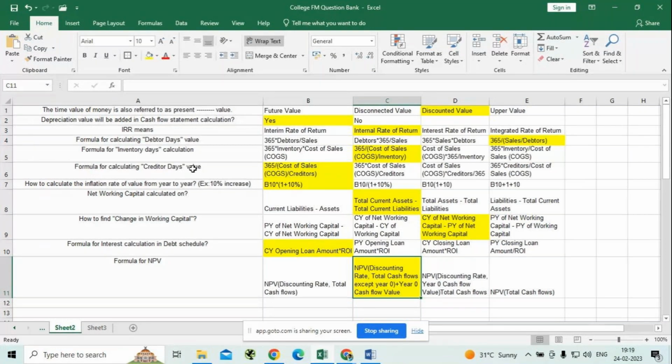Does anyone remember? What is the function we used to calculate EMI or EAI?